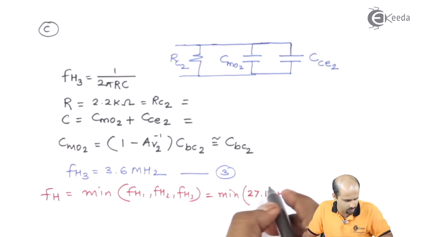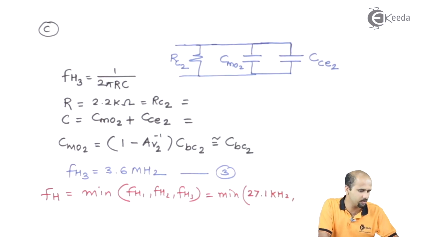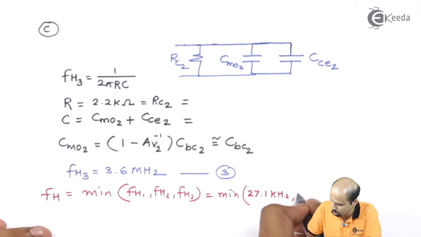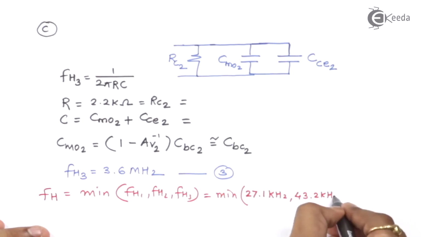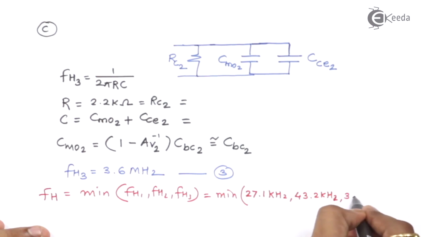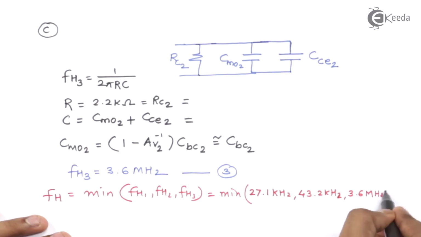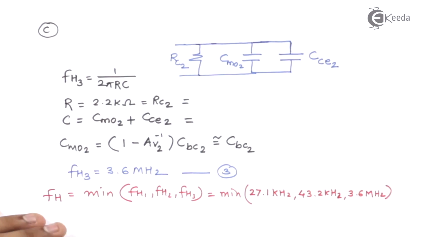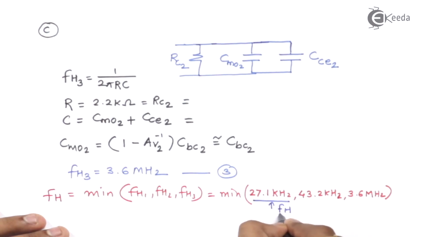Then next one we have got, how much value we have got? 43.2 kilohertz, and this one is very huge. It comes out to be 3.6 megahertz. And out of all these three values, I will determine which one is minimum. This one is minimum. So this one is nothing but your higher cutoff frequency.